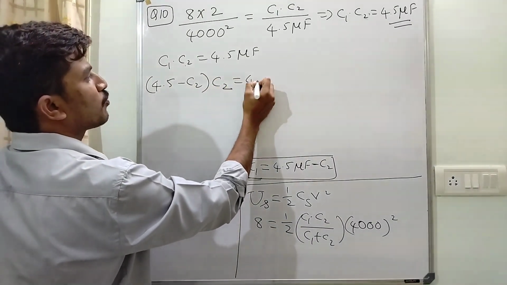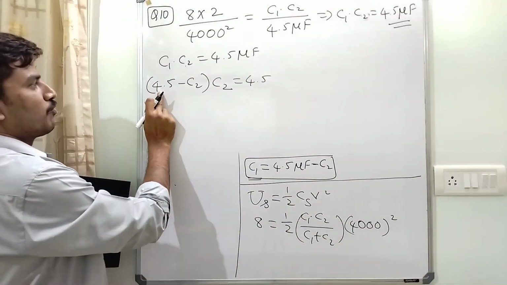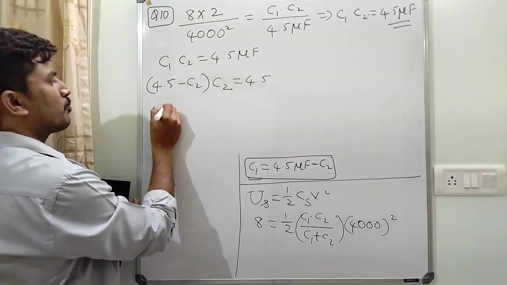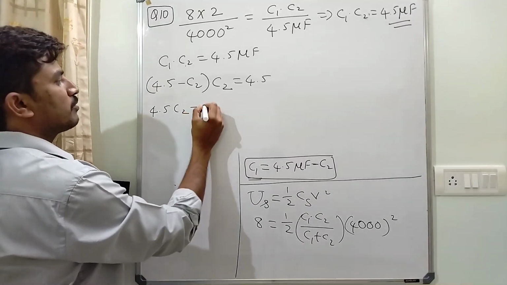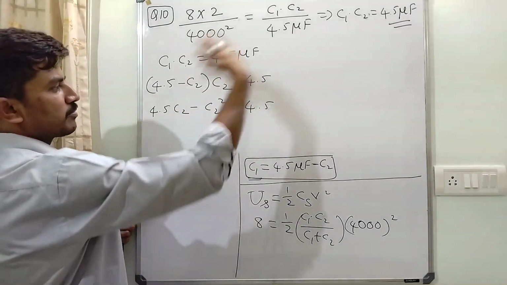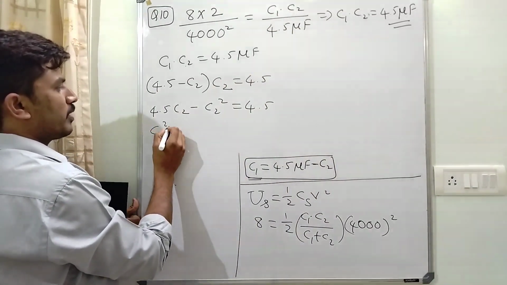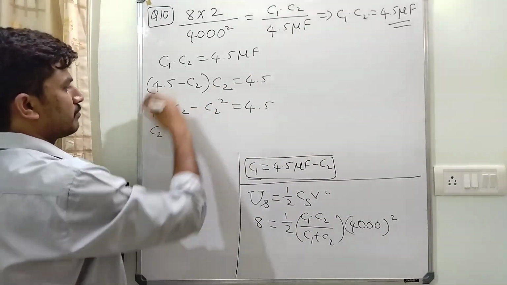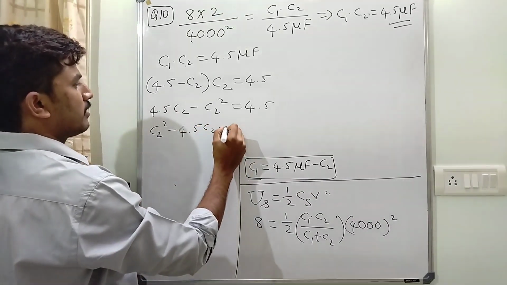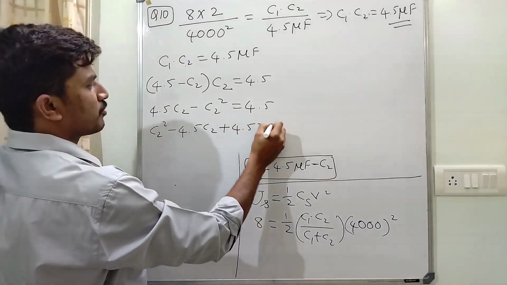Now 4.5 minus C2 into C2 gives 4.5 C2 minus C2 square is equal to 4.5. Let me take all the terms to one side. So C2 square minus 4.5 C2 plus 4.5 is equal to 0.